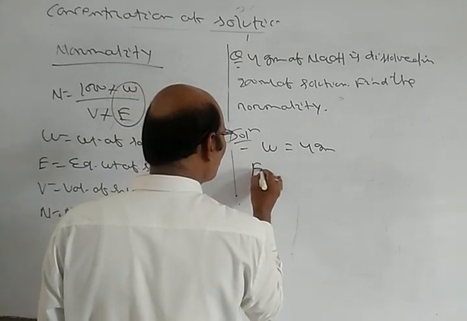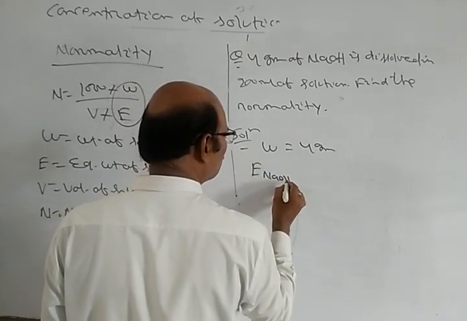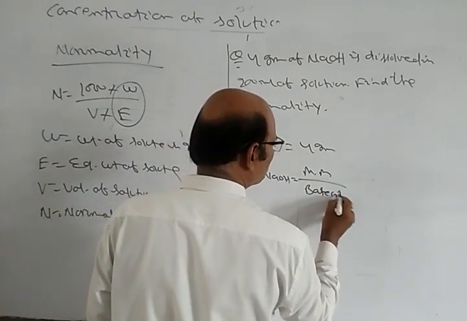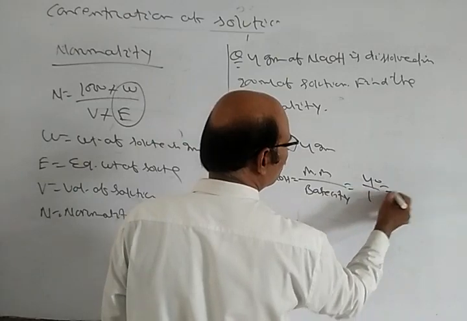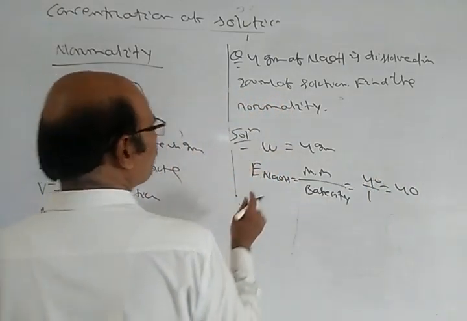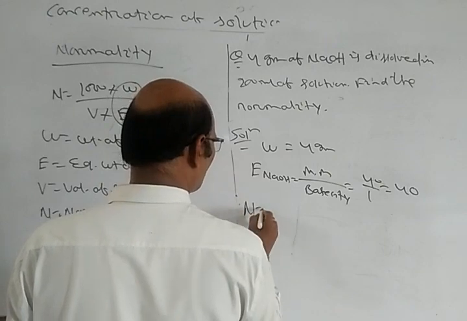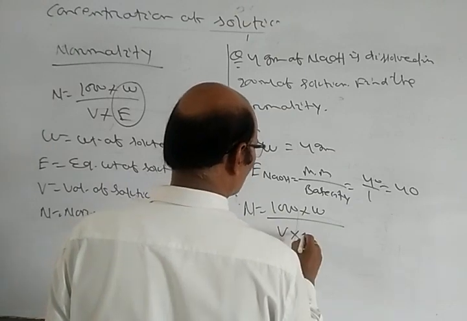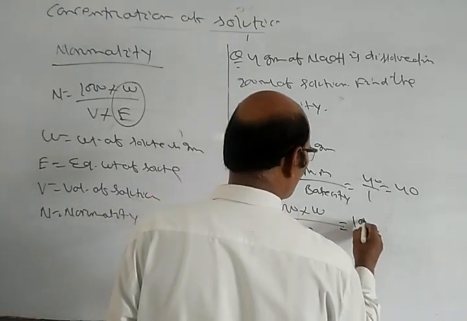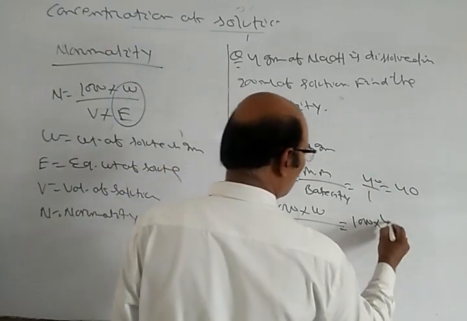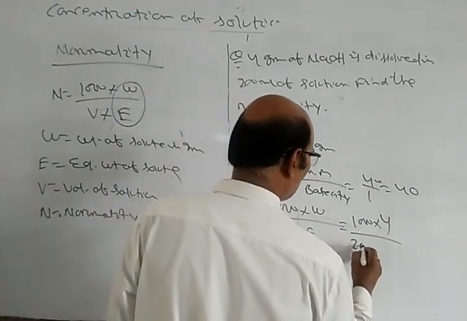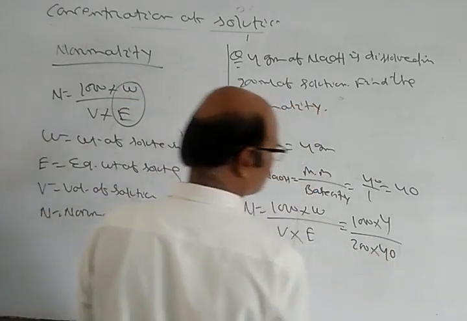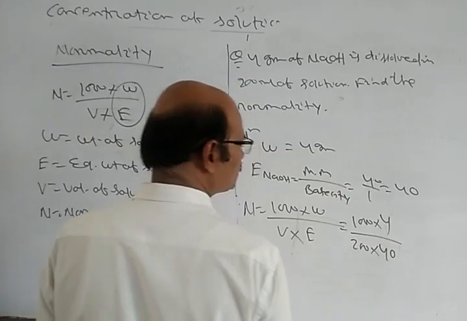Equivalent weight of NaOH is molecular mass by basicity, 40 by 1, which is 40. So normality N equals 1000 into W by V into equivalent weight, 1000 into 4 by 200 into 40.